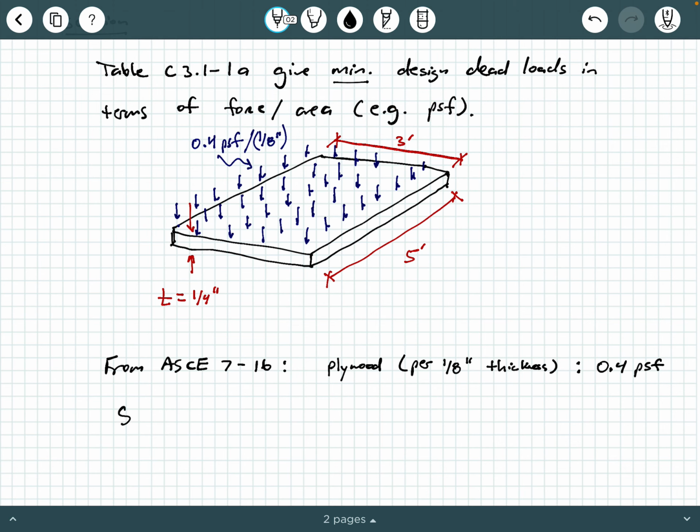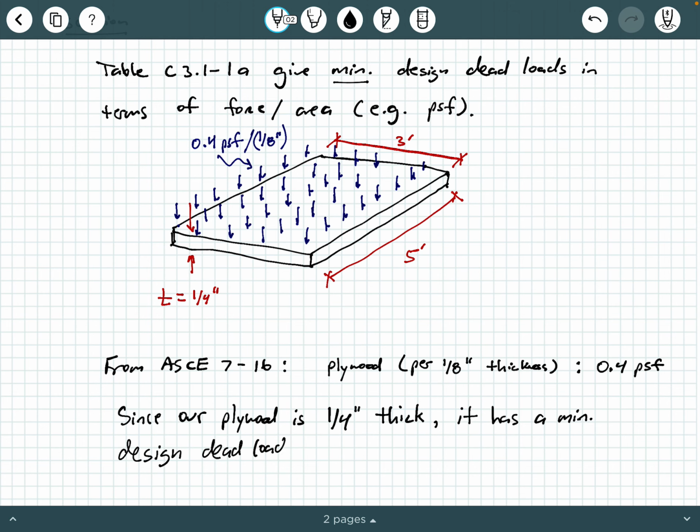Since our plywood is a quarter of an inch thick, it has a minimum design dead load of 2 times 0.4 PSF, which is 0.8 PSF, for a quarter-inch piece.